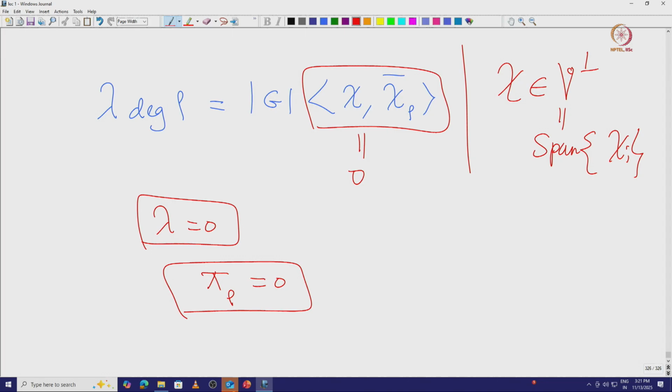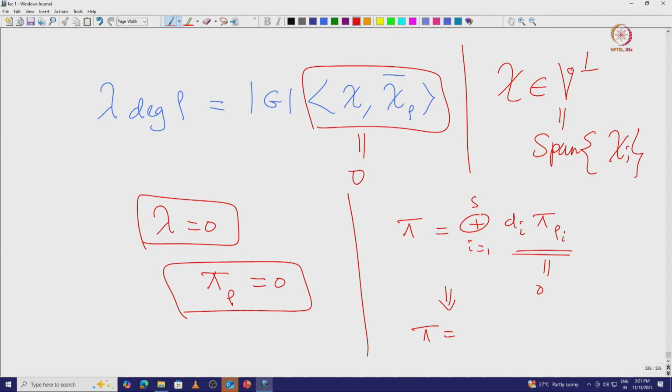From this we can conclude that the pi that we started with, which is nothing but a direct sum of d I pi rho I, and since each one of these pi rho I is 0, that would imply that pi is 0, and that would imply that chi is 0, as we promised.